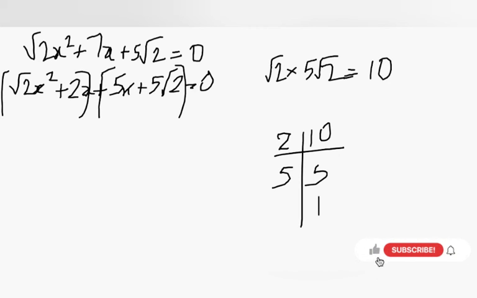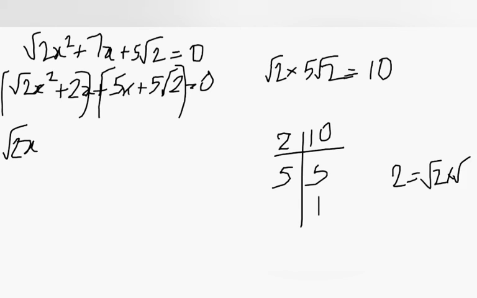In root 2x square and plus 2x we have common x. Also we have root 2 common. How we got this? Because 2 is equal to root 2 into root 2, so that's why we got root 2 common here.